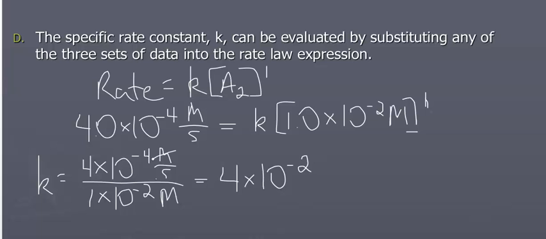And then the units, molarities, cancel out. So the units in this case for K are 1 over s. That's not always the units for K, just in this particular reaction. So pay attention to the units because those are important. And K will not change as long as the temperature stays the same throughout this reaction.